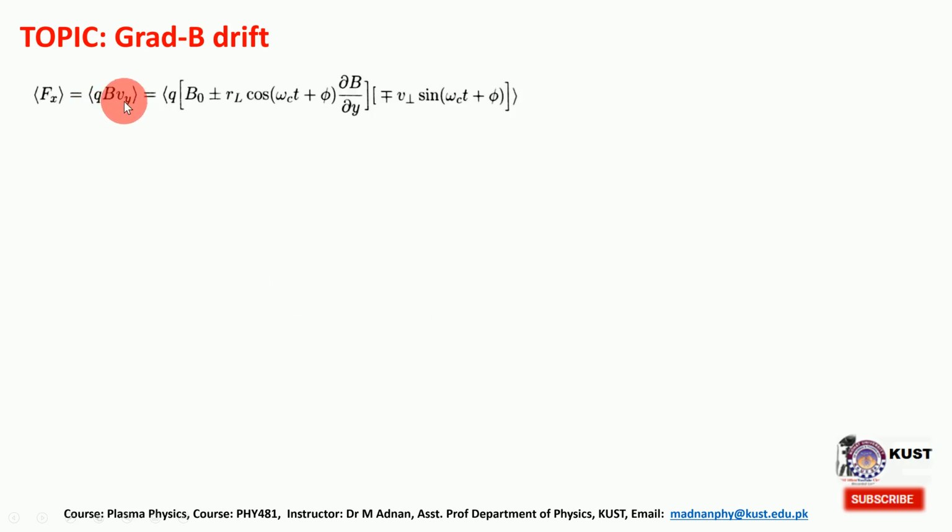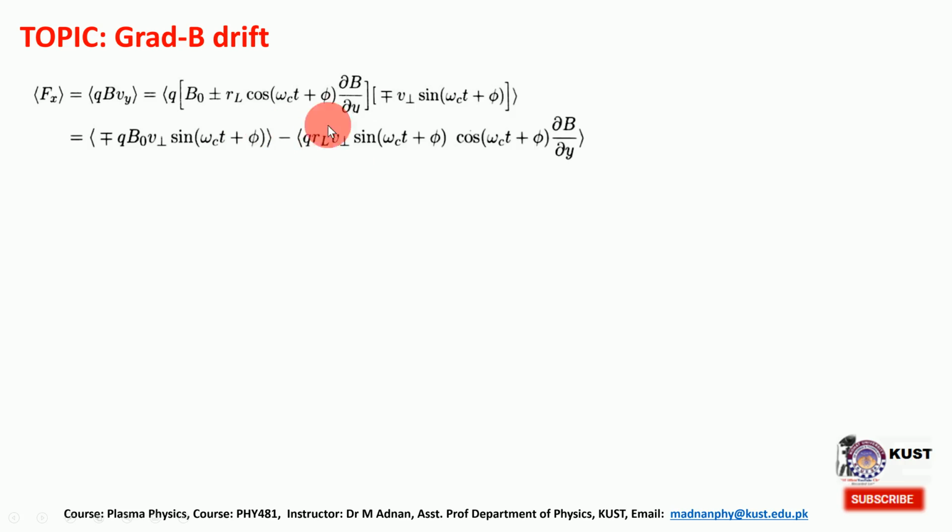So for that we need to find out the average force per cycle along x, which is equal to q B vy, so we need to put the value of B, which is given with the help of that Taylor expansion, and that Vy is also given from the previous few slides. If we rearrange this, we need to average out this thing minus this thing, that is we need to multiply both the terms, and then this is the situation. This B naught is fixed, the value of q, and then V perp, and then we have the sine, so that the sine x, as we have seen on the previous slide, per cycle will go to 0.